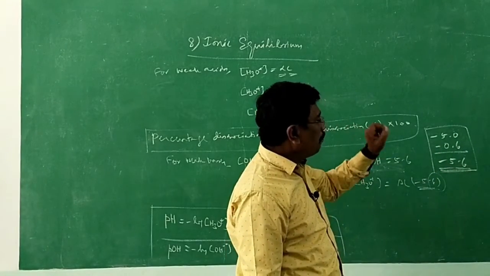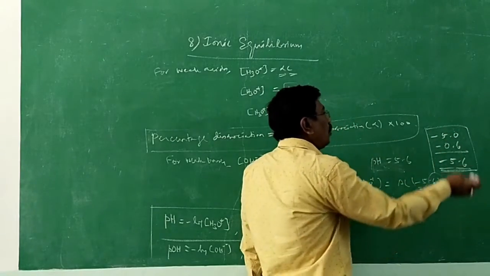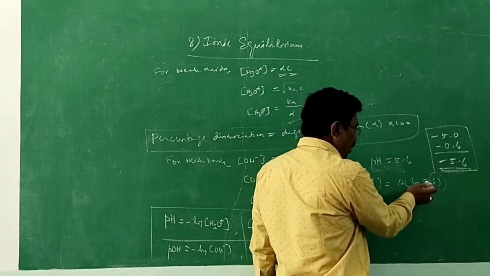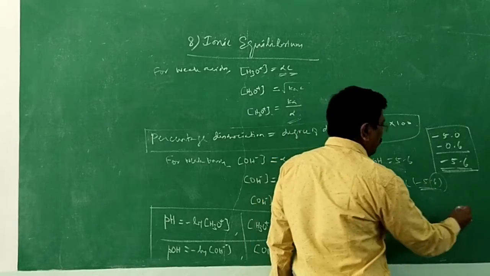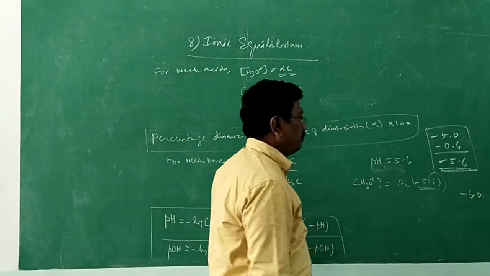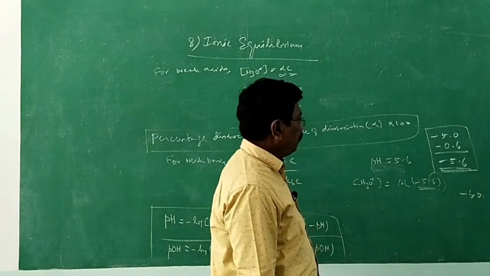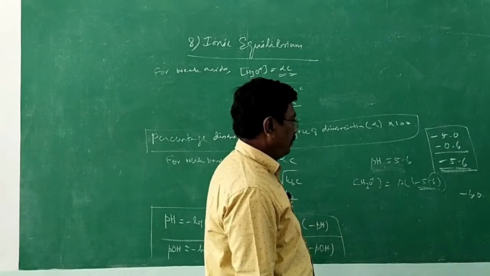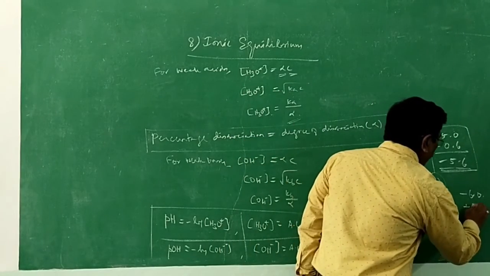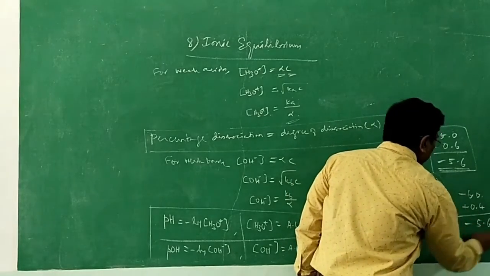But if it is written in bar value, I can make it positive. How? I can add 1 to the 5; if I add, it will become minus 6. Subtract 0.6 from 1, and you will get plus 0.4. The sum will be minus 5.6.